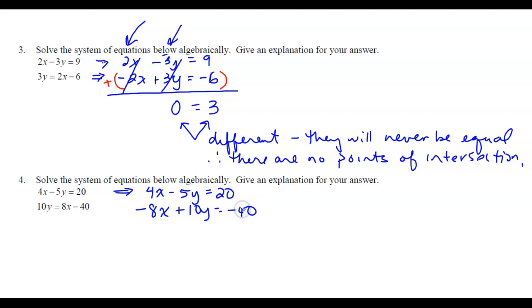Okay. Now, I could eliminate either x or y by multiplying by 2, right? Or I could actually divide the second one by 2. You can divide if possible. 2 goes into all of that. But we typically multiply, so I'll multiply through.